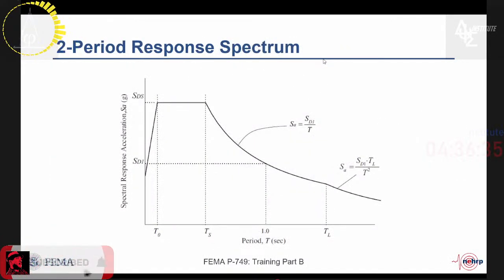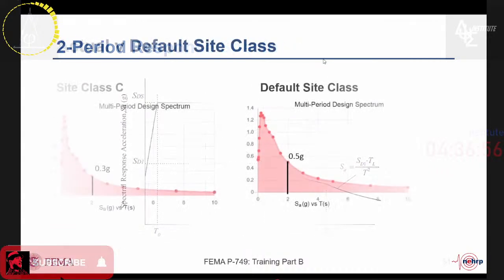And those values, S sub DS and S sub D1, can be used to construct the old 2-domain acceleration response spectrum that was used in the earlier editions of ASCE 7 and is still used in ASCE 7-22 as the basis for the equivalent lateral force technique for determining seismic forces.